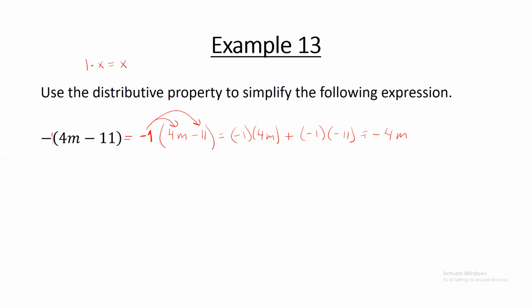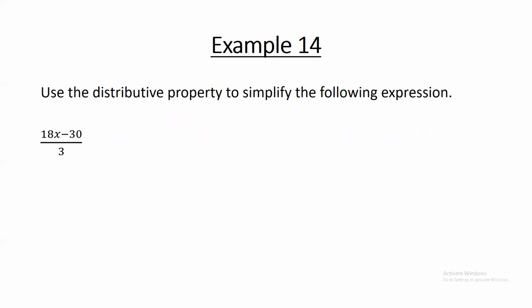And -1 times -11 is plus 11. Notice that basically what happened is the 4 was positive, and in the answer, it's negative. The 11 was negative, and it became positive. That's what putting a minus in front of the parenthesis does. It pretty much just changes all the signs in your expression. Okay, one more example.